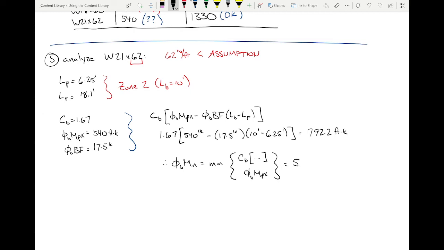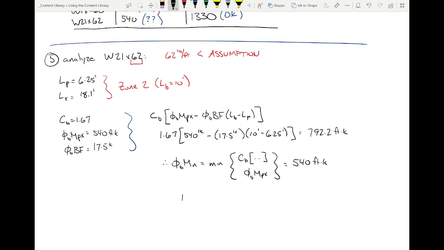Now that should make sense for this problem. Remember all that iteration that we had to do? We had to do all this iteration because what we were trying to do is find a section that wasn't a false positive. And why were they false positive? Because the capacity was cut off at MP, right? And then we do the math for this section and we find that the capacity is MP. So that shouldn't be that big of a surprise, okay?